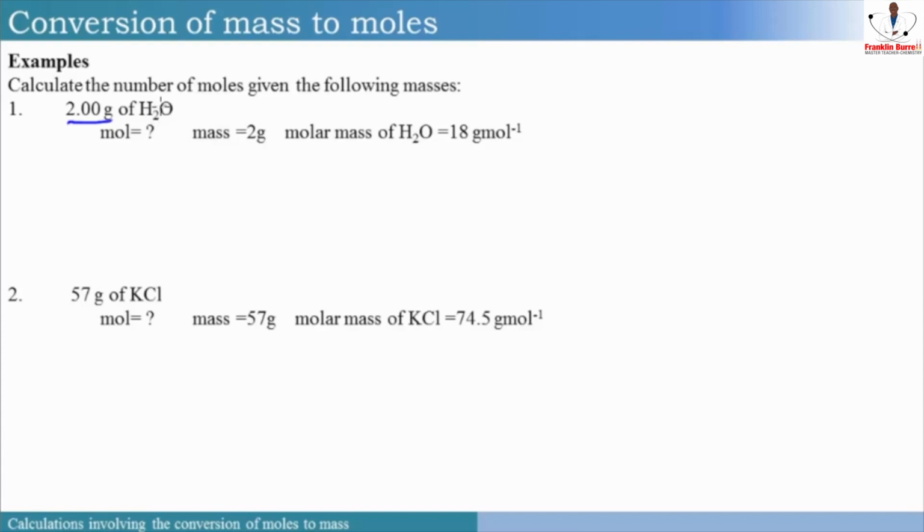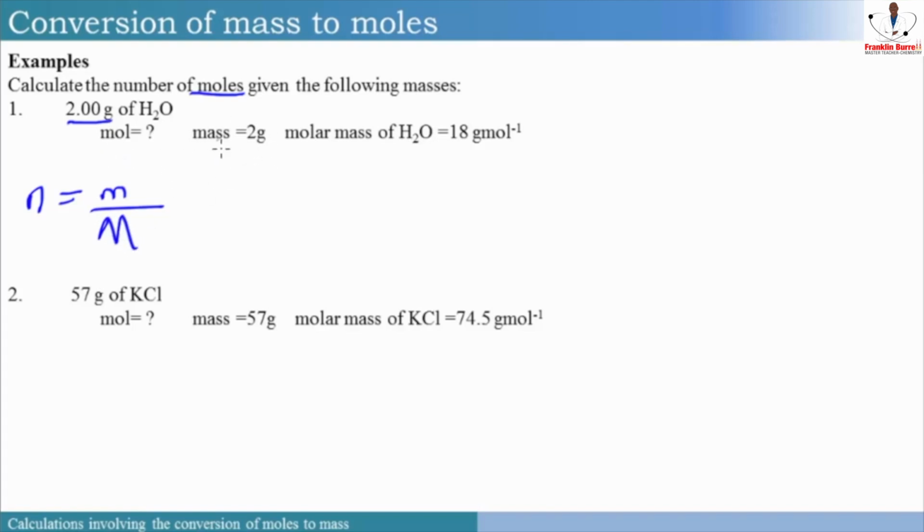And of course, having the formula of water, we can work out the molar mass. So our only unknown here is the number of moles. So what do we do? We write down the formula first. So moles is equal to mass over molar mass.